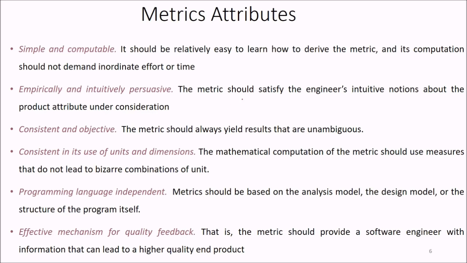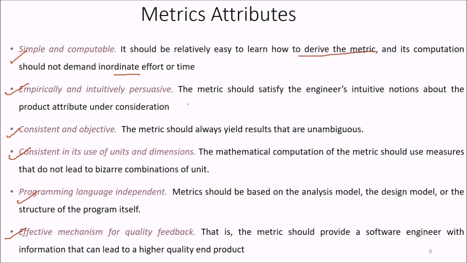So metrics have certain attributes: simple and computable, empirically and intuitively persuasive, consistent and objective, consistent in its use of units and dimensions, programming language independent, and effective mechanism for quality feedback. Simple and computable means it should be relatively easy to learn how to derive this metric, and its computation should not demand inordinate or indefinite effort or time.